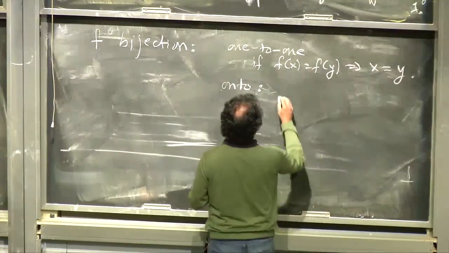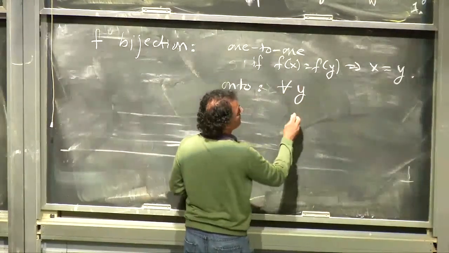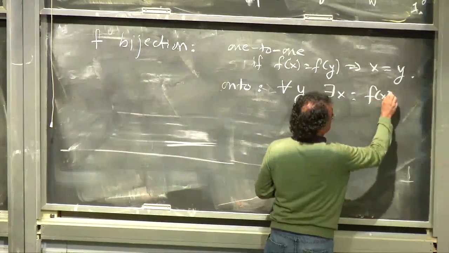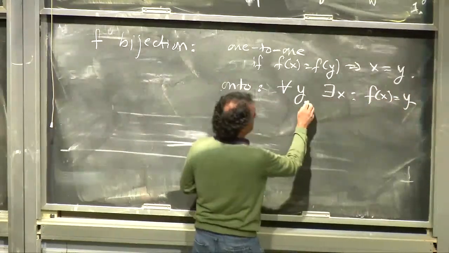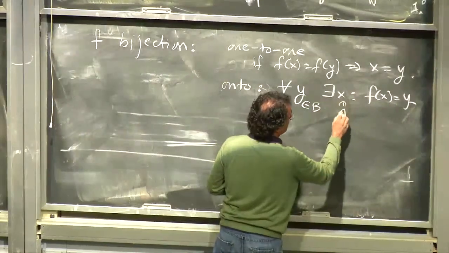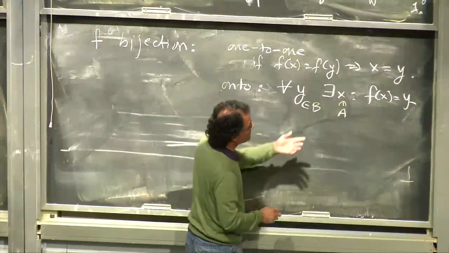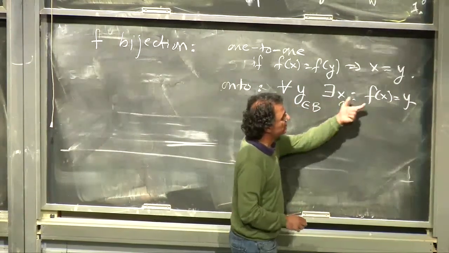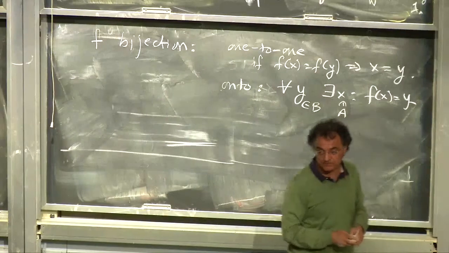Right? So for every y, there exists x such that f of x equal to y. For every y in B, there exists x in A. Right? If f is a function from A to B, for every y in B, there's an x such that f of x equal to y.